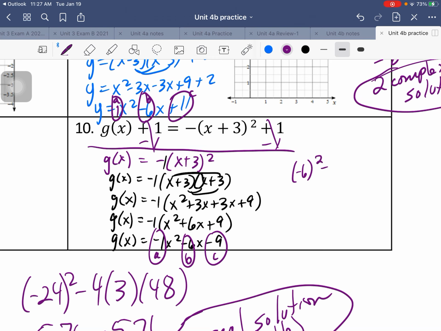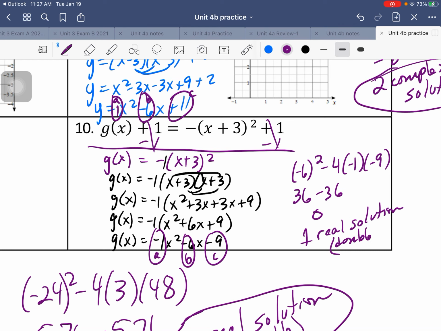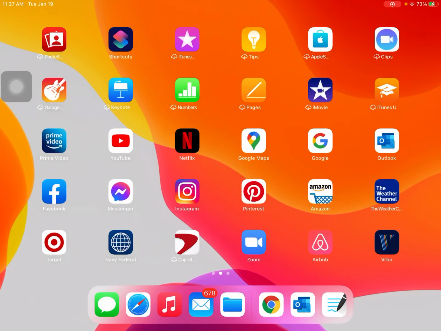Negative 6 squared minus 4 times A times C. A lot of negatives, though. 36, negative 4 times negative 1 is positive 4 times negative 9 is negative 36. Another 0. One real solution. So this one, again, when you graph it, will bounce off or turn. The maximum or minimum point will be on the x-axis. That's a double solution.